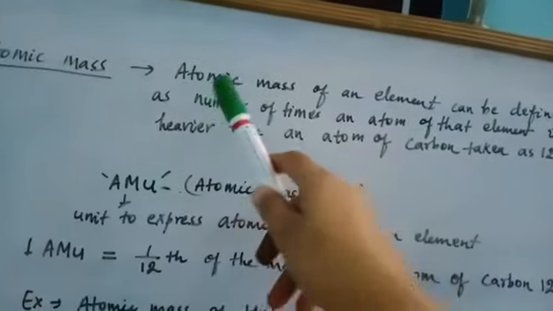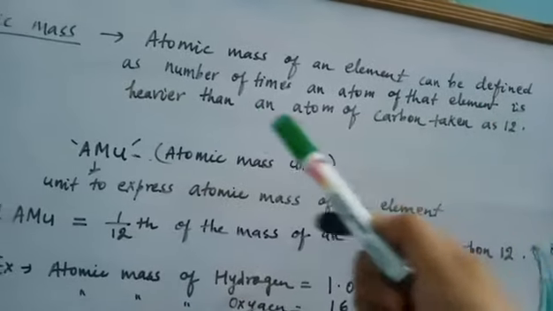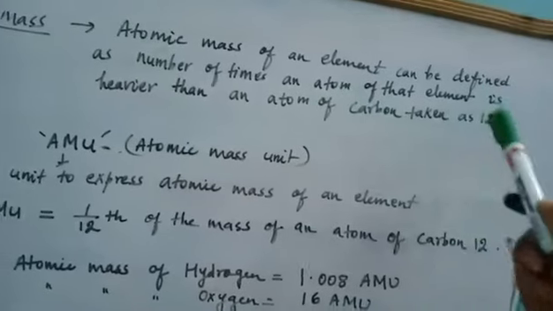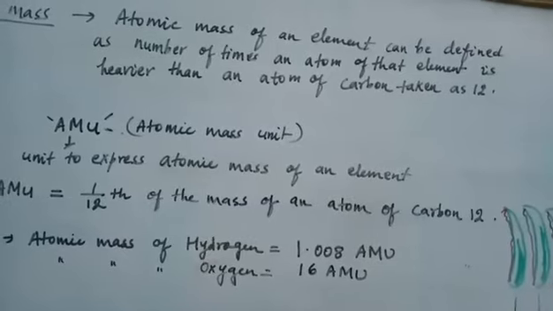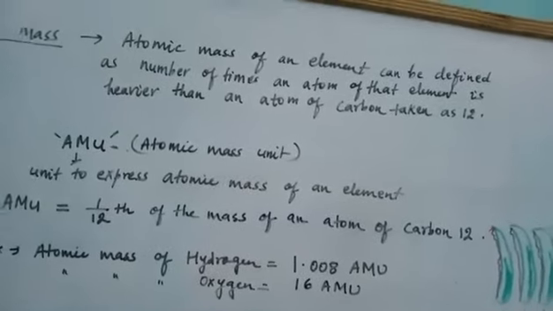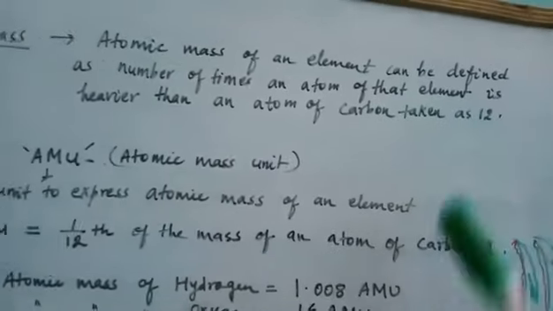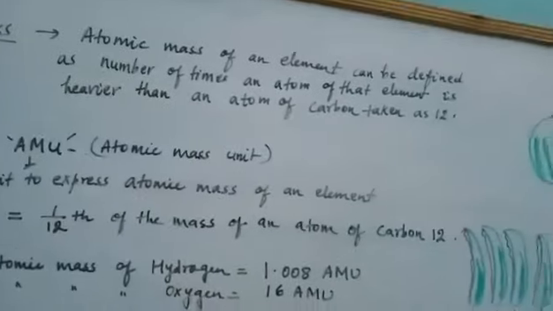So it is defined as the number of times an atom of any element is heavier than an atom of carbon 12. For example, hydrogen is about 12 times lighter than carbon 12, so we can say the atomic mass of hydrogen is 1.